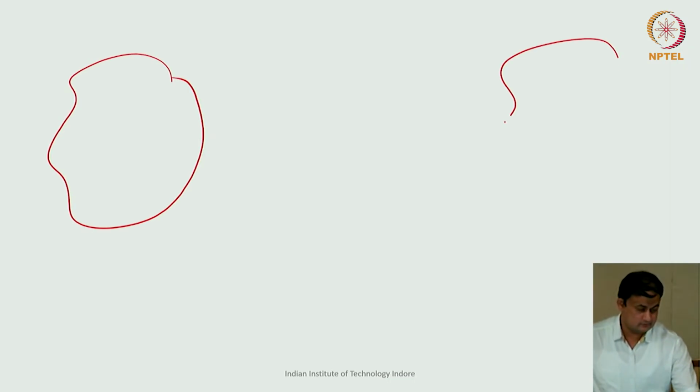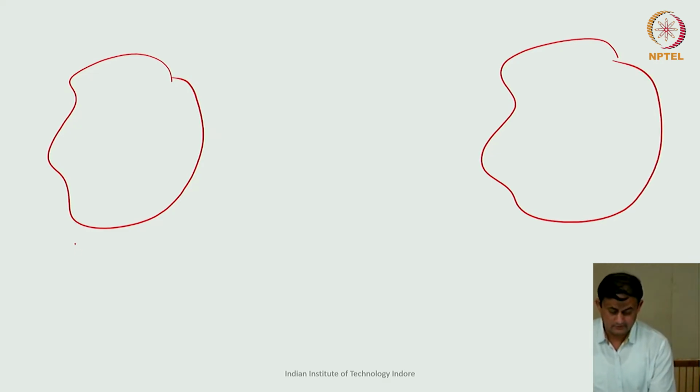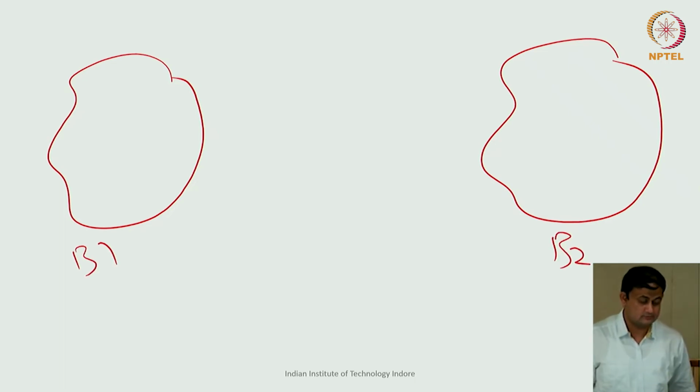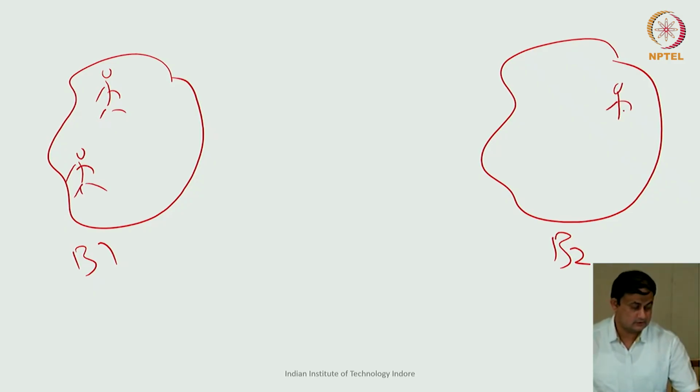You have two networks. Maybe the same, this is branch 1 and branch 2 of the same network. And there are a bunch of users inside this network, and similarly a bunch of users inside this network.